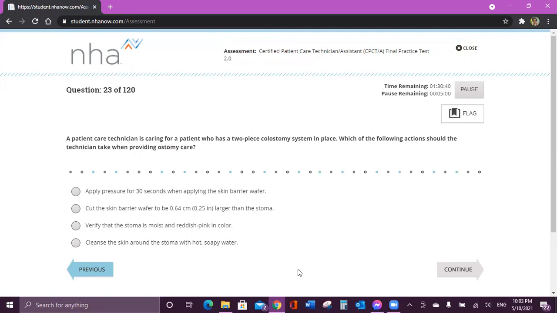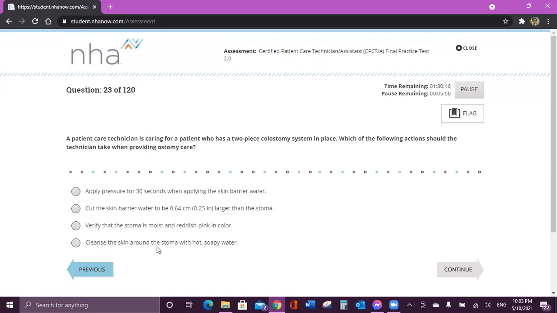Pues, está diciendo para limpiarlo. A patient care technician is caring for a patient who has a two-piece colostomy system in place. Which of the following actions should the technician take when providing stoma care? Tiene que limpiárselo.